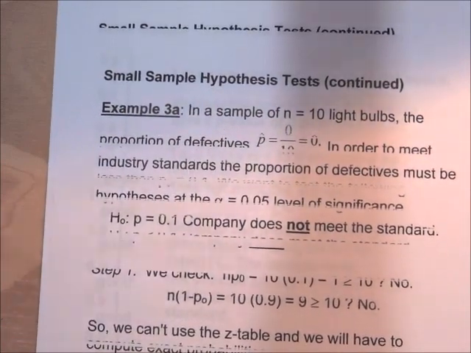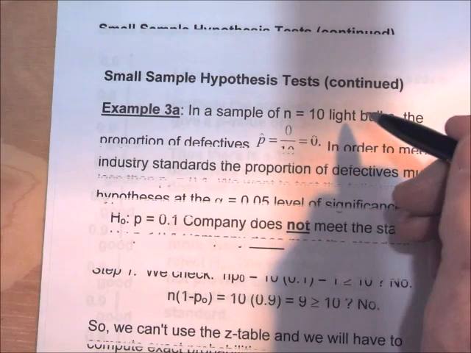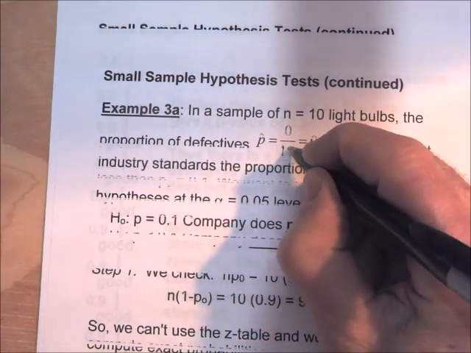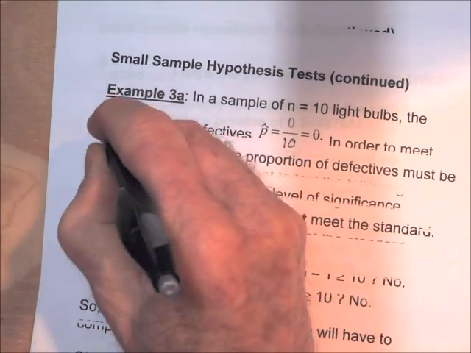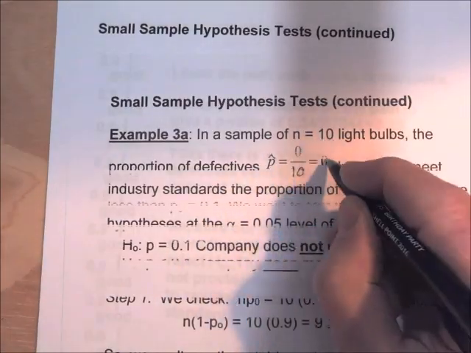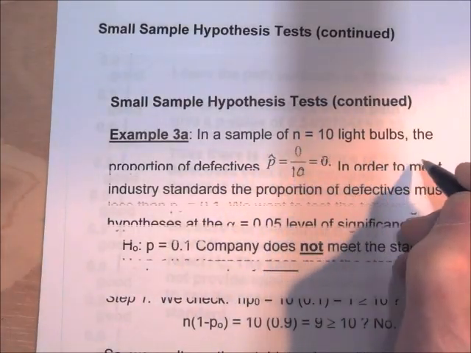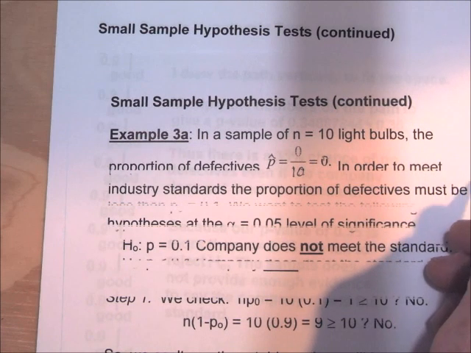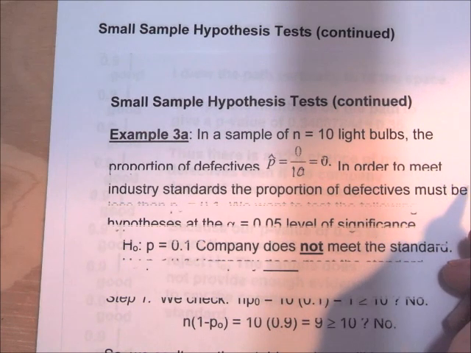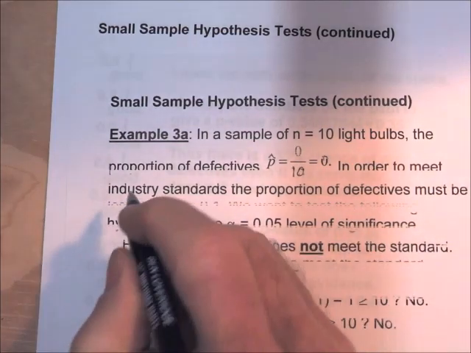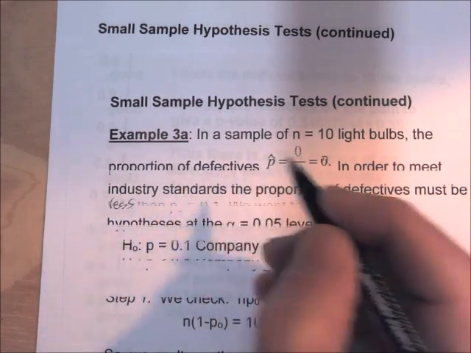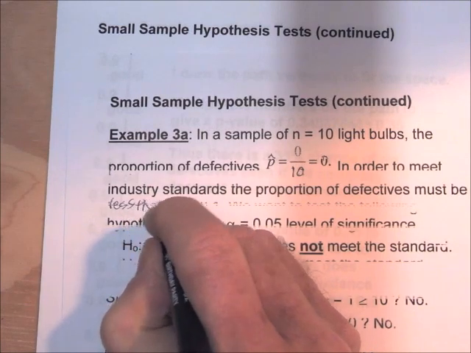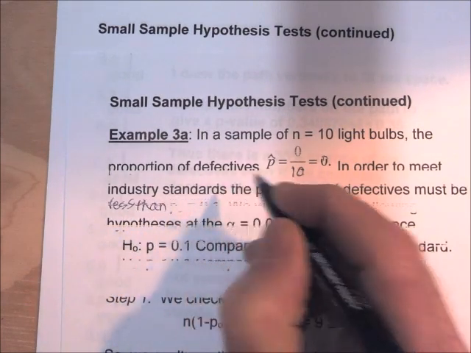Example 3a, we have a sample of n equal 10 light bulbs, and the proportion of defectives, p hat, is 0 out of 10, or 0. In order to meet industry standards, the proportion of defectives has to be less than 0.1.